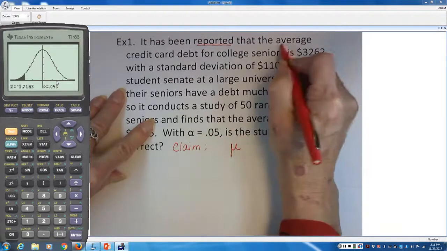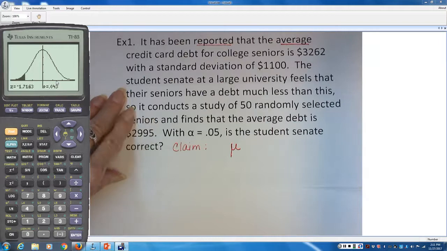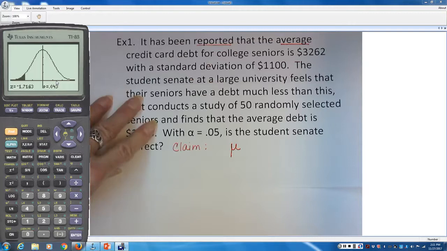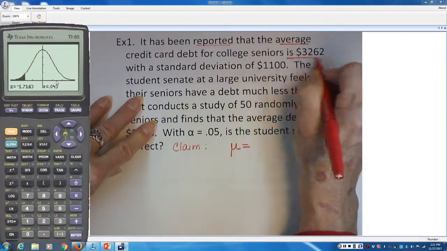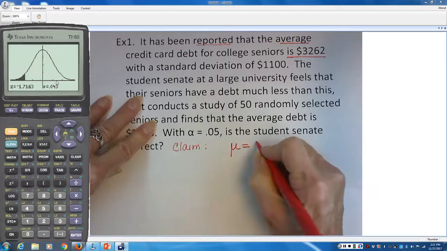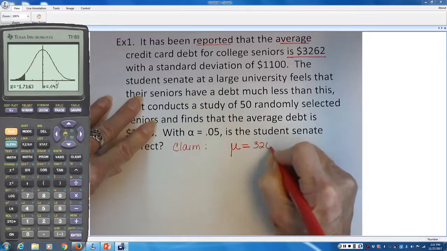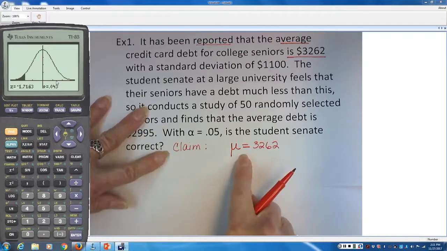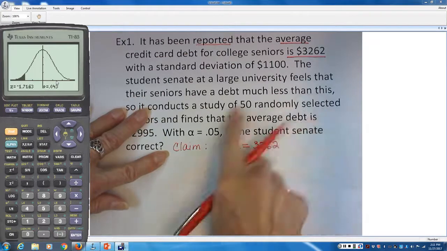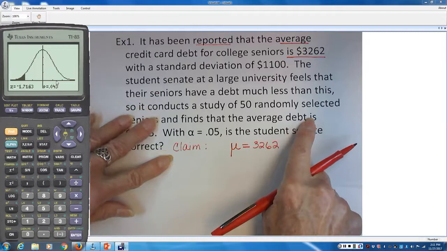And when it says average, that tells you that your claim is about a mean. So that's mu. And the claim is that mu is equal to 3262. If this is the claim, we need to proceed further to figure out what else is happening.